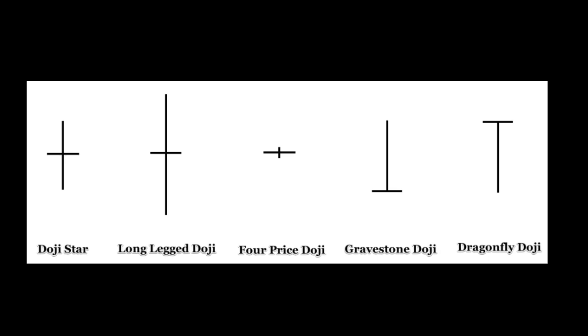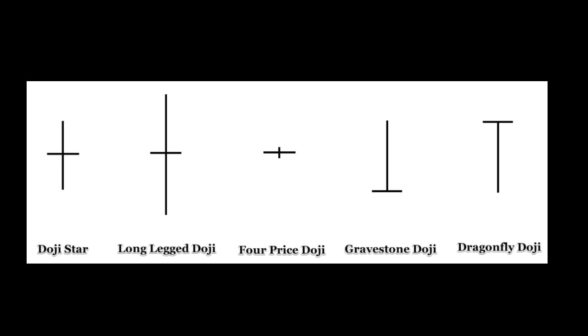These are represented by more of a cross shape in regards to the Doji Star, the long-legged doji, and the 4-price doji. There is no body at all. It is just the open price, the closing price, and the high and lower wicks. There's no body to be seen.